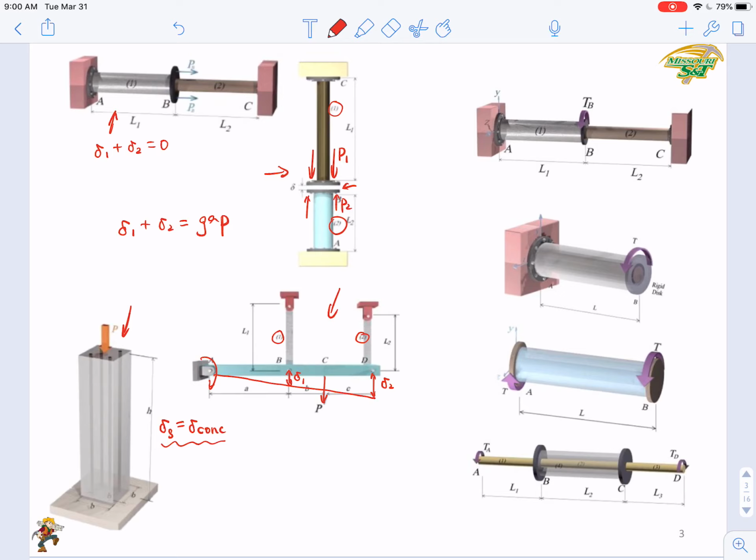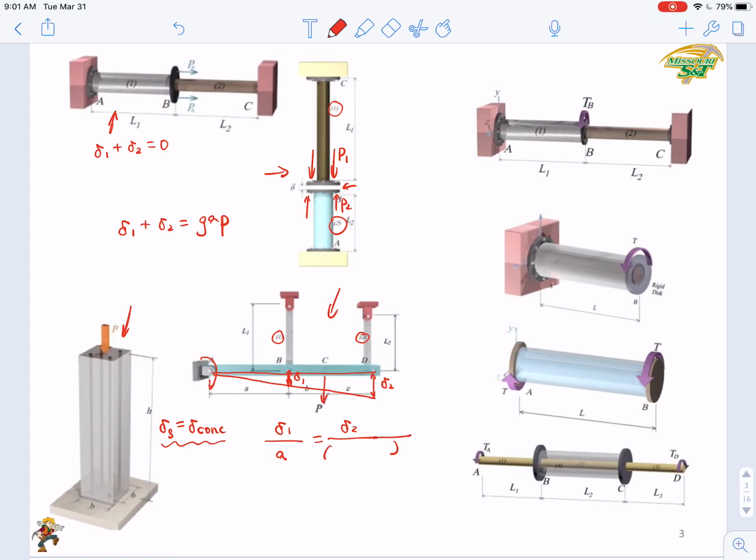So what kind of compatibility equation can you write here? Based on similar triangles, right? We have similar triangles here, the smaller one and the bigger one. You can see that these two deformation values belong to this smaller triangle and the larger triangle, respectively. So based on this, we can write a compatibility equation: delta 1 over A equals delta 2 over what?